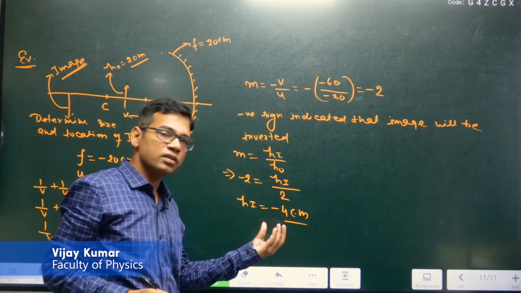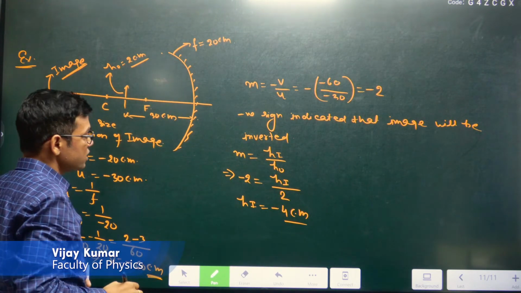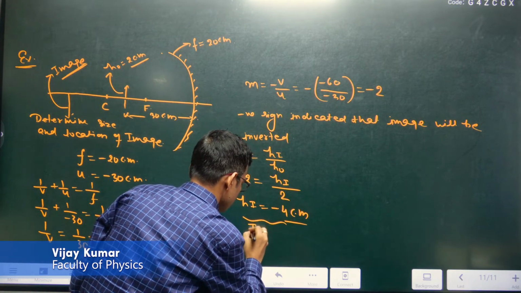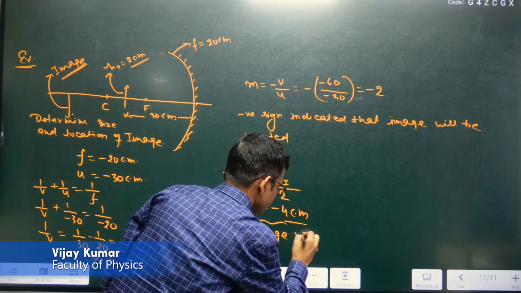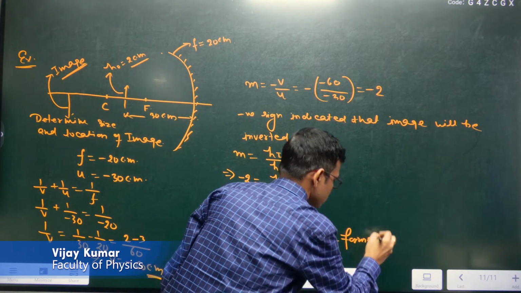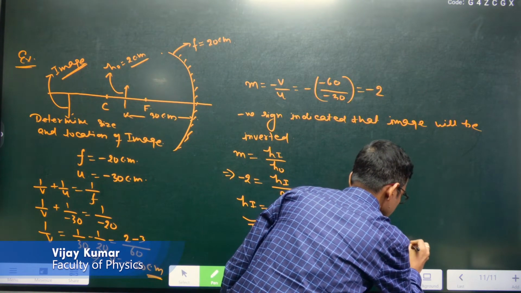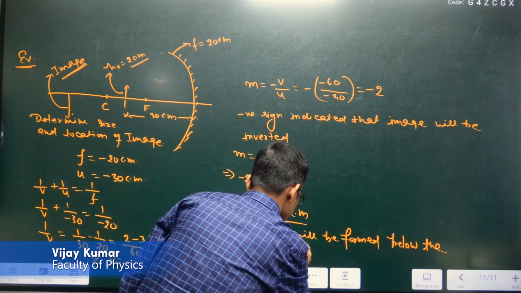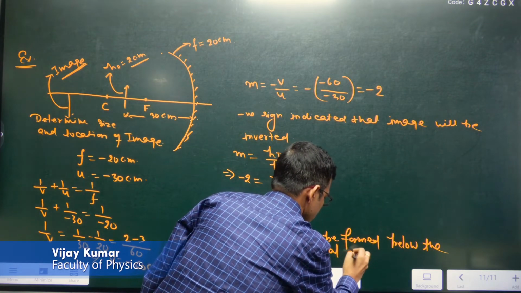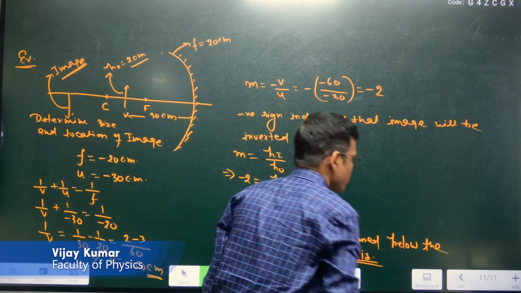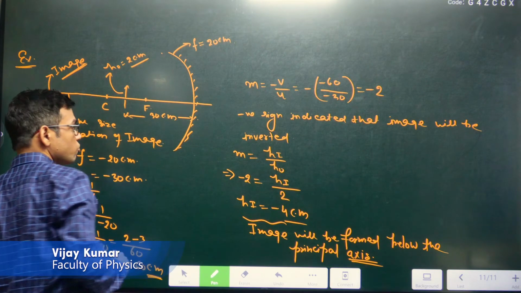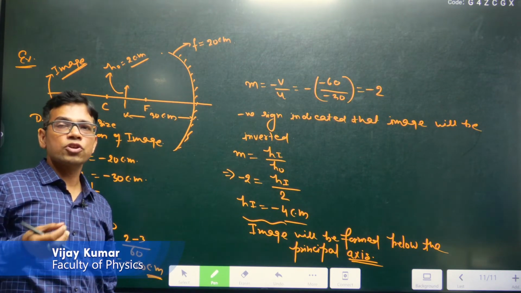Minus indicates that the image will be formed below the principal axis. So this is the problem based upon the concave mirror.